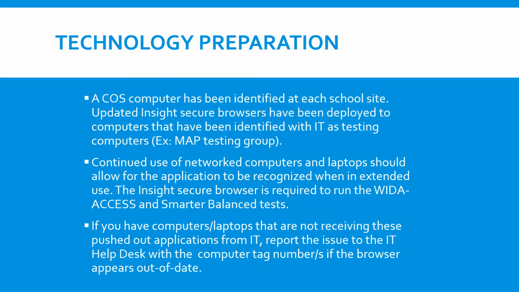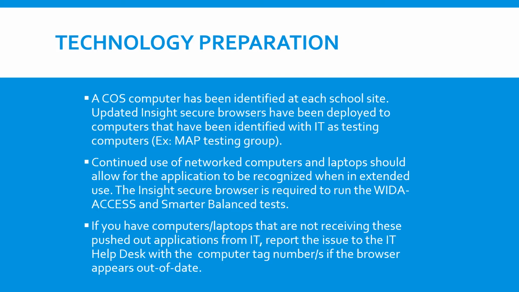Technology preparation at each of your school sites consists of two main components, the COS software and the Insight Secure browser. COS, or Central Office Services software, has been installed on an identified computer at each of your school sites. The COS software allows for hosting of DRC test content and helps to reduce internet bandwidth requirements.